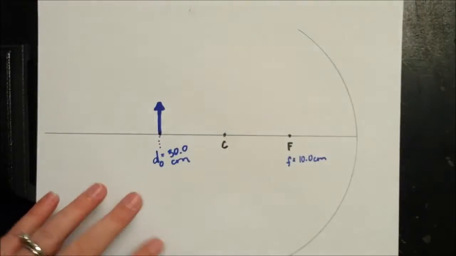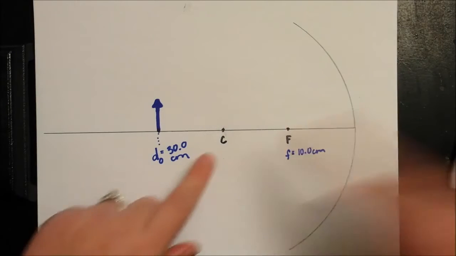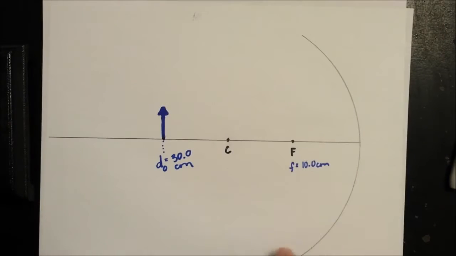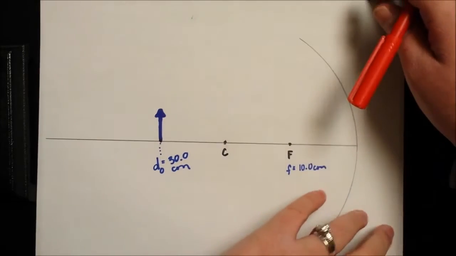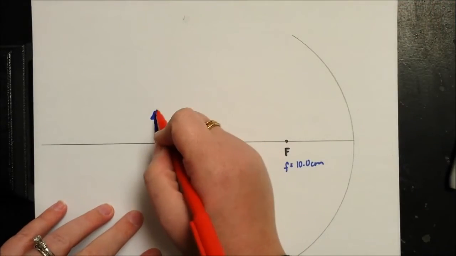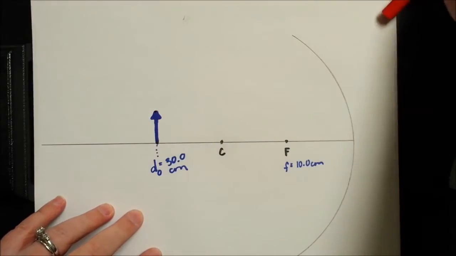All right, so for the ray diagram, I've already got this all drawn out to scale. I'm going to draw my 3 reference rays. The first reference ray, and I like to just start with the very top of my object, and that's going to be the exact same point on my image.